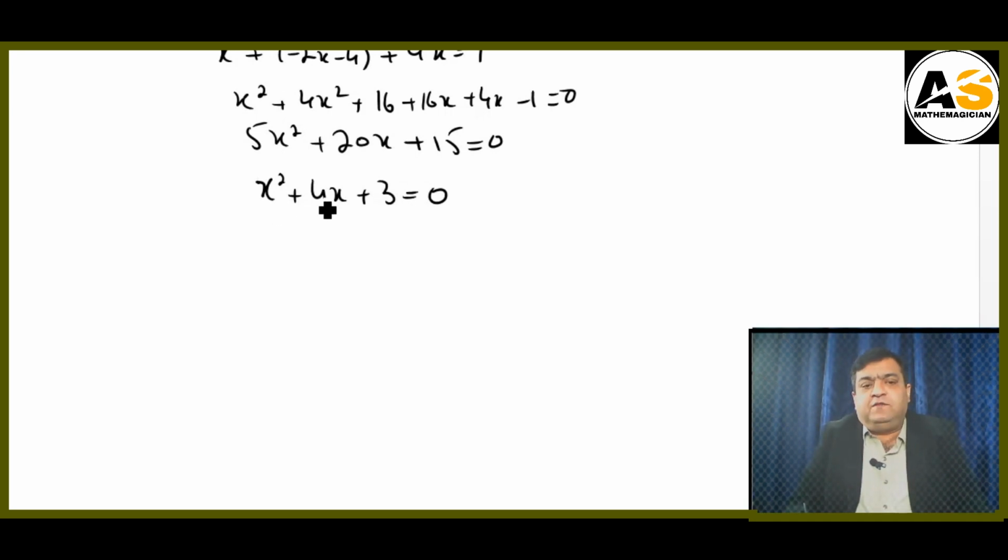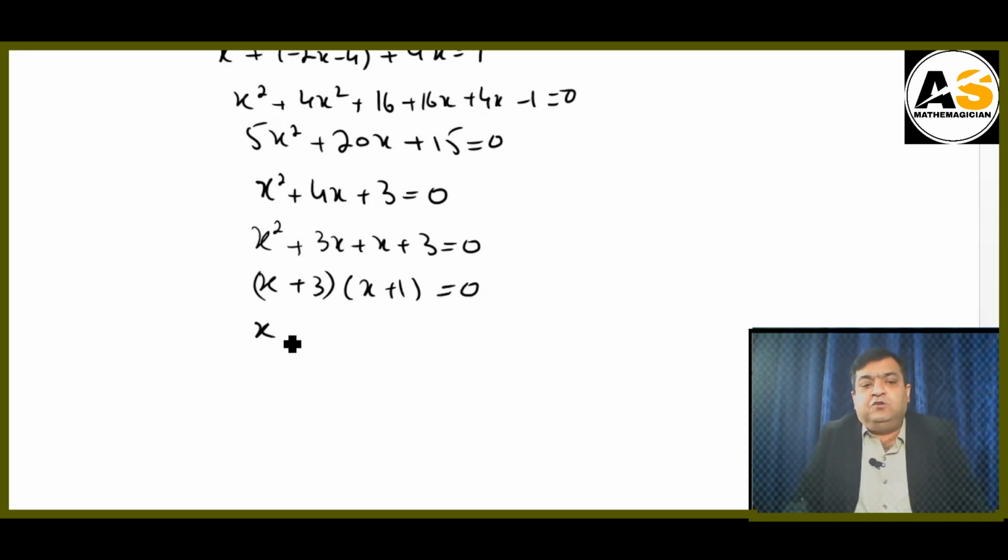Now, we can solve this quadratic equation by any one of the three methods which we learned. And I am solving this equation by splitting the middle term. And ultimately, I will get these two factors. So here I have two values of x, minus 1 and minus 3.